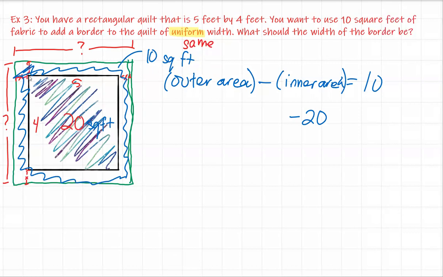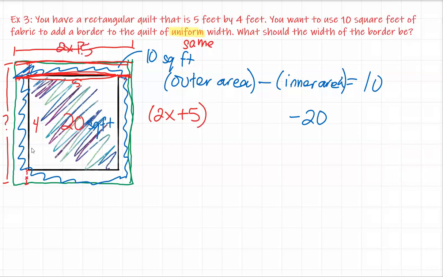Well, I know this is 5. And I know these two pieces are x. And if I connect all of that, I get that side. So 5 plus x plus x is 2x plus 5. So this is 2x plus 5.